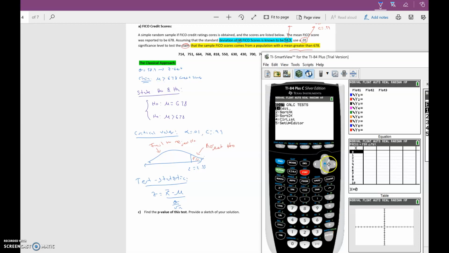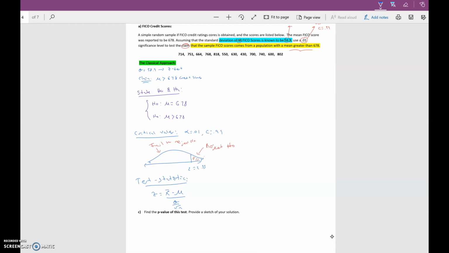To obtain the mean of the sample, run a one variable stats. In this case, I already have this, and I put it under L2. So run a one variable stats and confirm that you're matching the mean of the sample. I'm getting 680.58. So x bar is equal to 680.58.